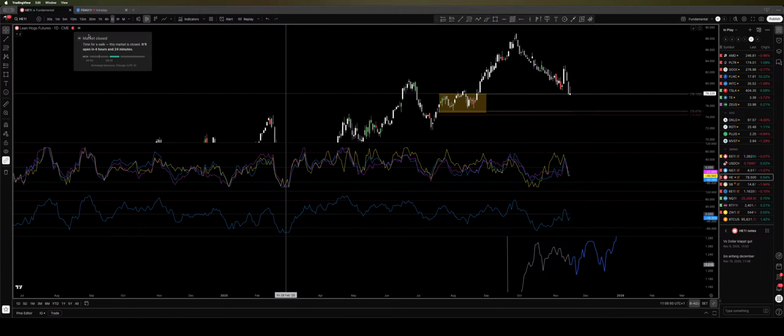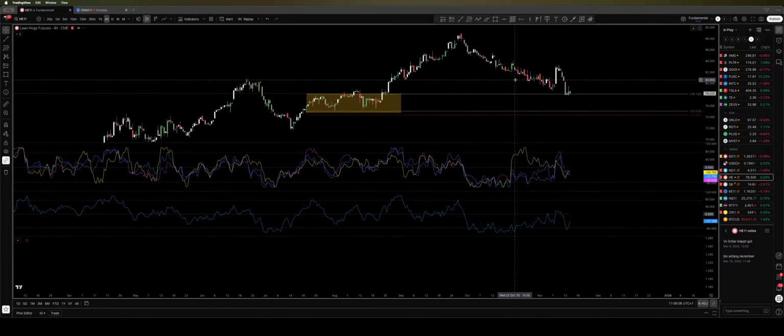The market is still closed, so it only has open for like 8 hours a day. So you see it here. It's not 4 hours, 6 hours, I don't know. Not long. That's why the 4 hour chart almost looks exactly like the daily.